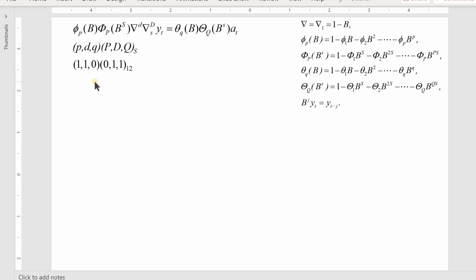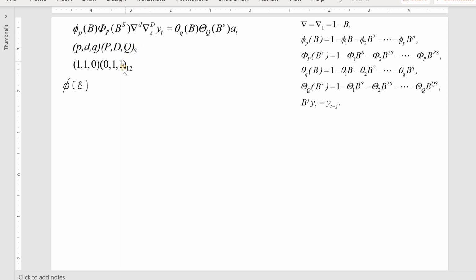So let's try to expand the model in the equation. Phi p, and then P D Q. So q here is 0, only p for non-seasonal. Then capital P is also 0 here. And then we have differencing 1 and 1 for the non-seasonal and seasonal.